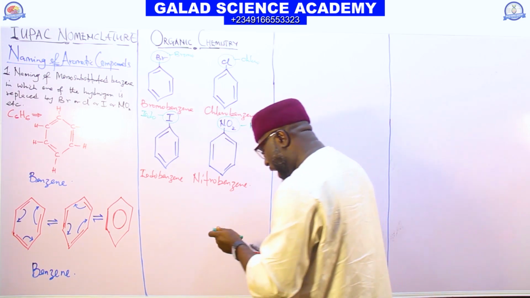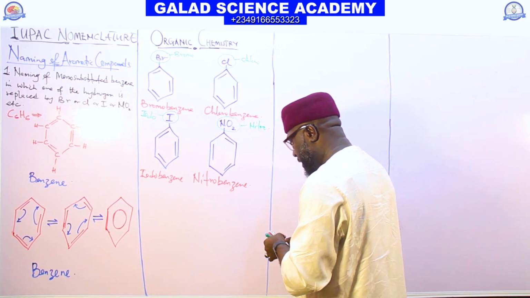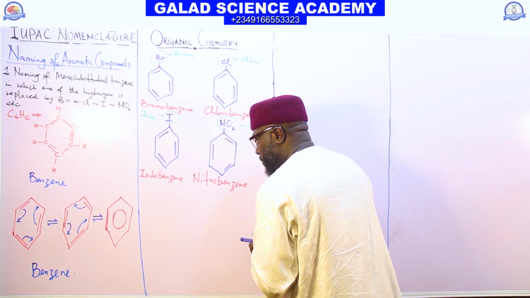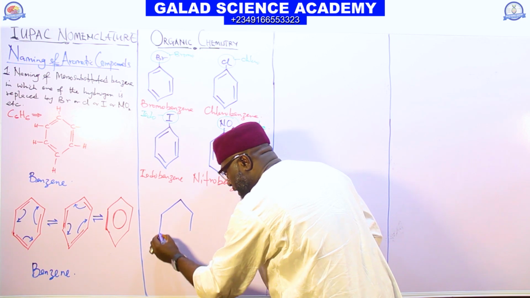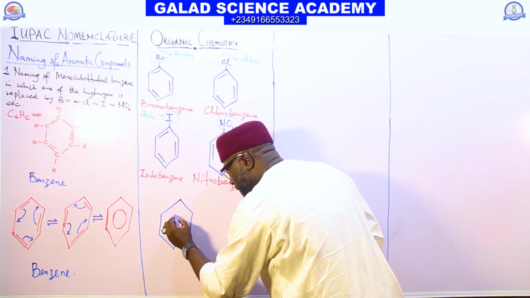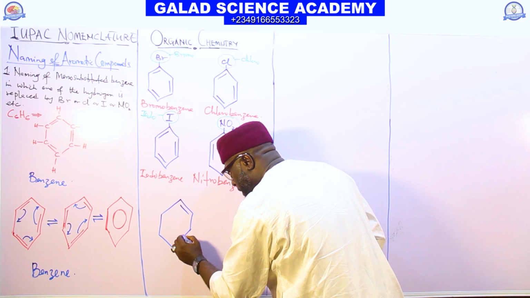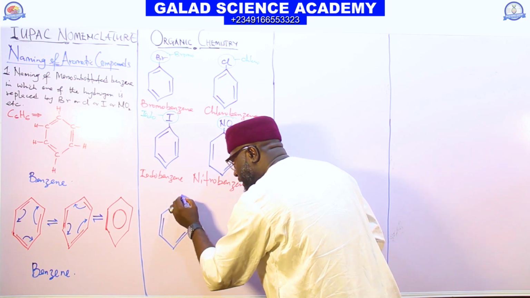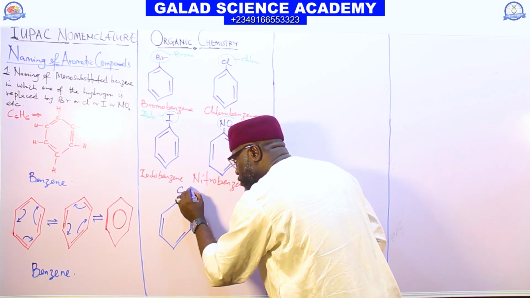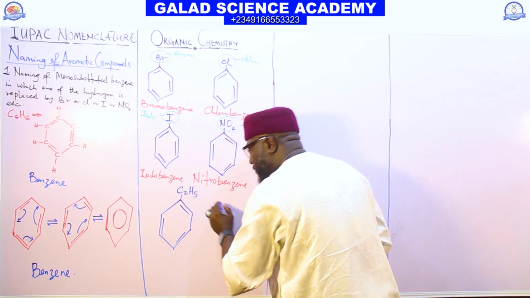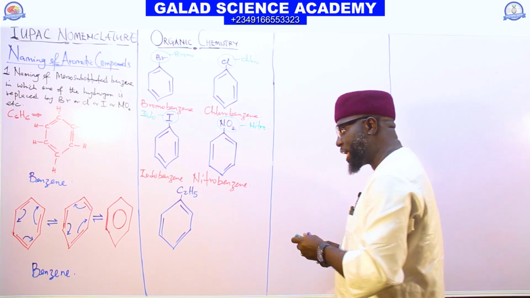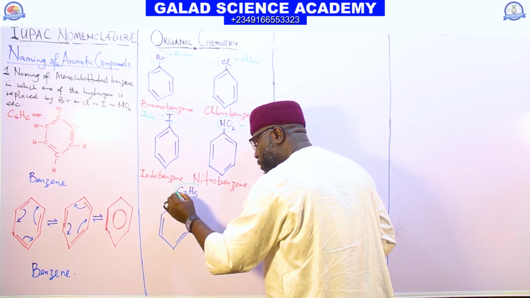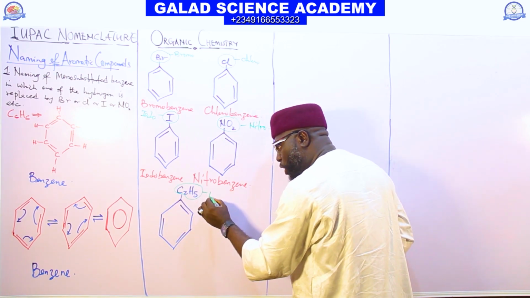The next one is if we have a compound like this, we have benzene like this, and on this side we have C2H5. So this C2H5 here, don't forget, is an alkyl group.